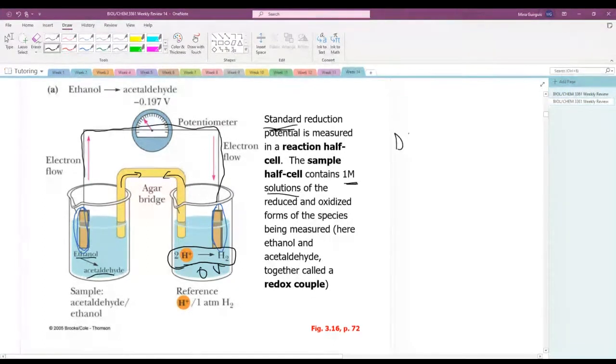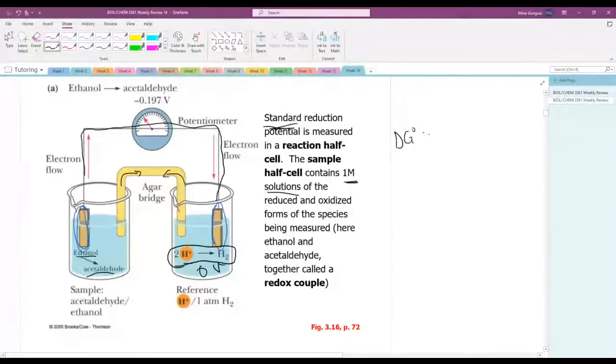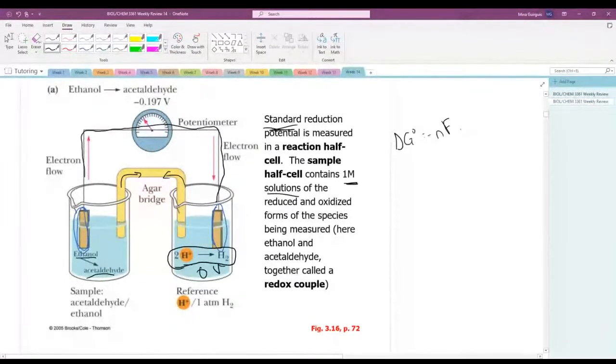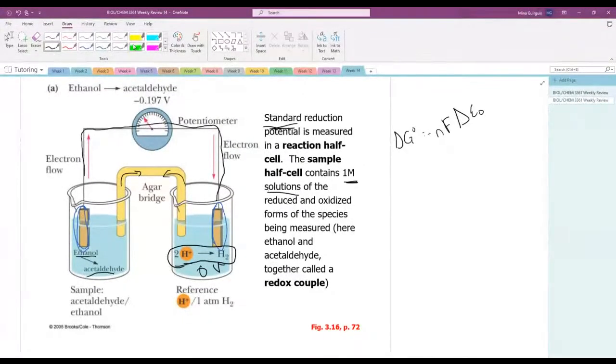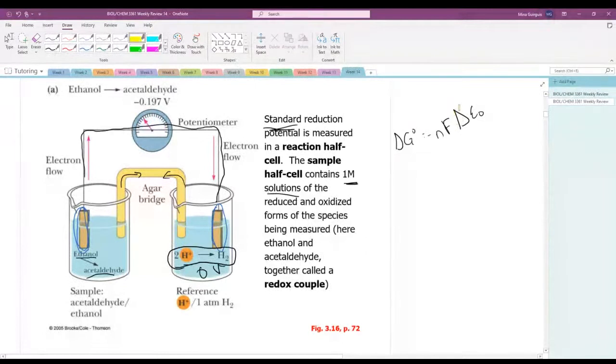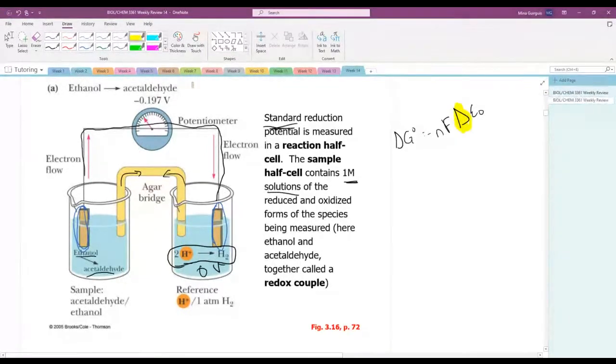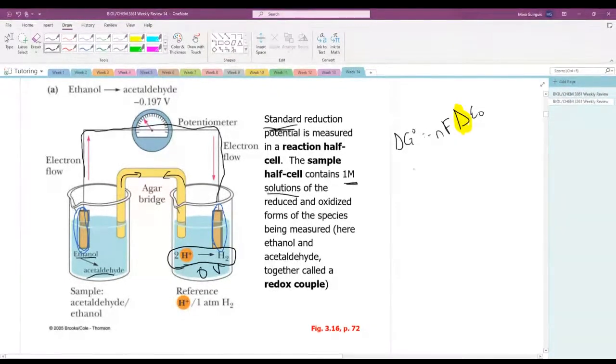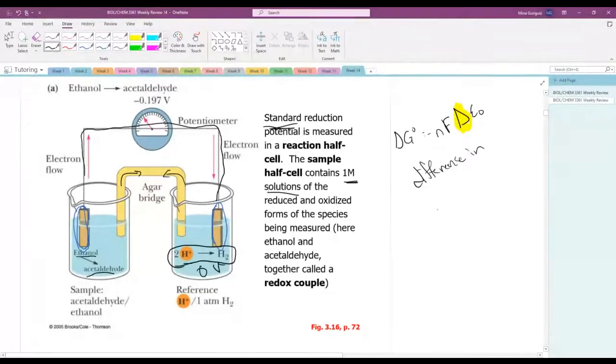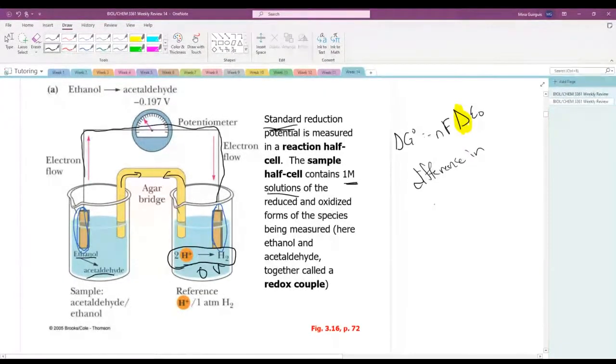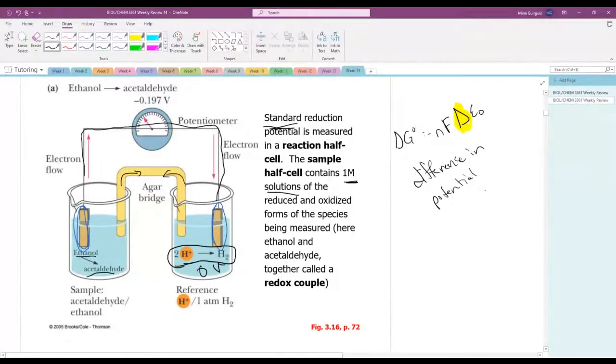Remember that our formula is delta G naught equals negative n times F times delta epsilon naught. And the key here is this delta. The only thing we care about is the difference in potential. We don't care what the actual number is, we care what the difference between the numbers is.